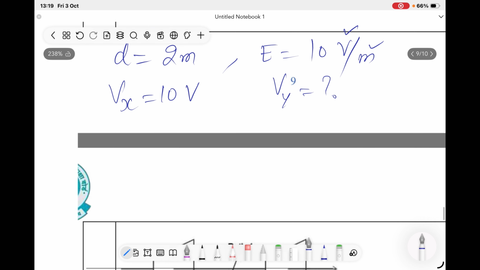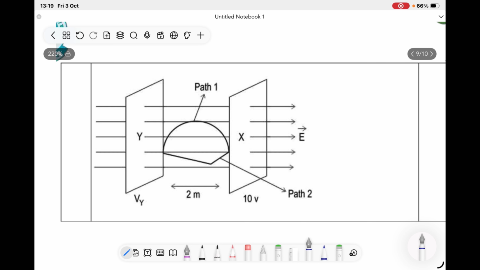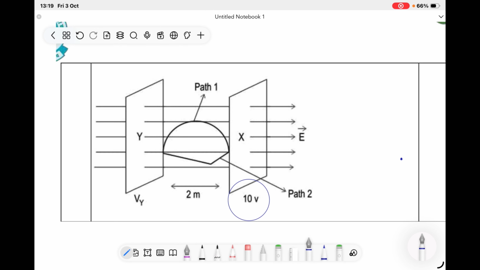Now let us see the question diagram. We have been given potential of X surface, so that is given. Potential on surface X is given, potential on surface Y is to be calculated. Separation between them is given as 2 meter. So it is simple enough.